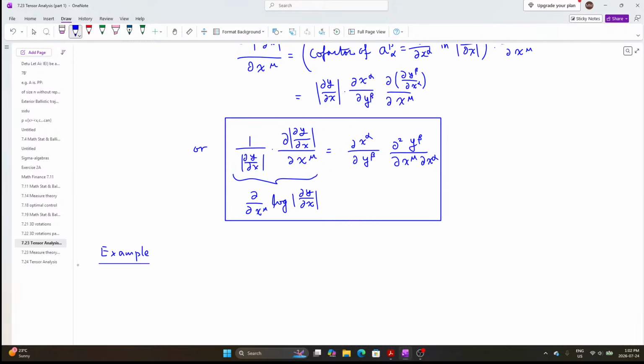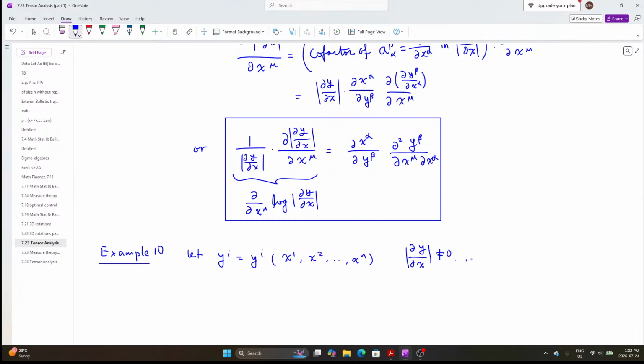So here we're doing example 10. Let y_i be functions of x_1, x_2, all the way to x_n, and assume that the Jacobian determinant dy/dx is non-zero.